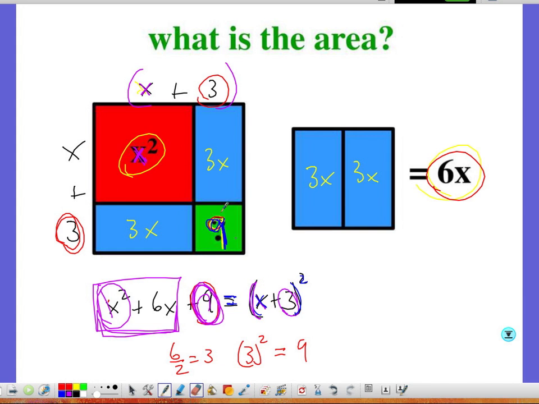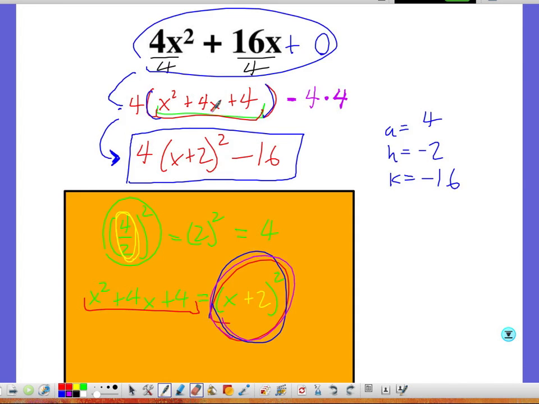This 9 came from that 3 times 3, which gave us 9. So we don't need to write the 9 on the other side of the equation. So x plus 3 squared. What happened to this 9? Well, that was part of the area that we got from the dimensions.